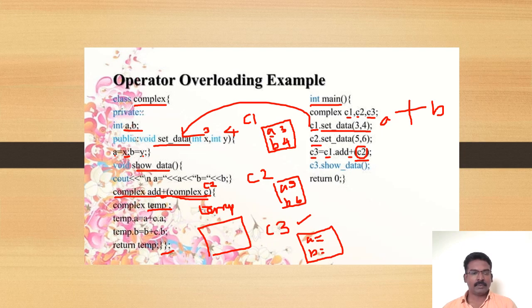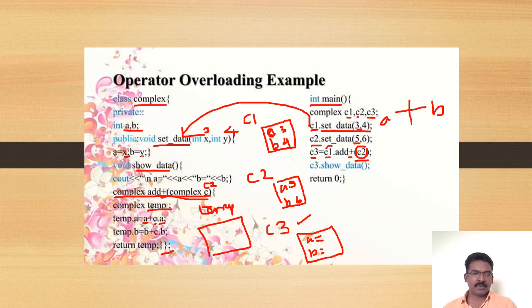Okay. So here we are accessing the value of A, that is, this A represents the C1 object's A value, and this C represents the C2 object's A value. The C2 object's A value is 5 and the C1 object's A value is 3.